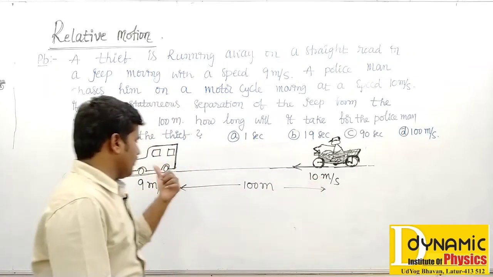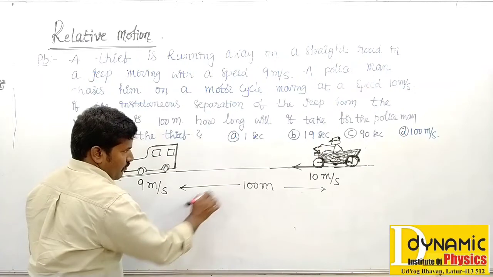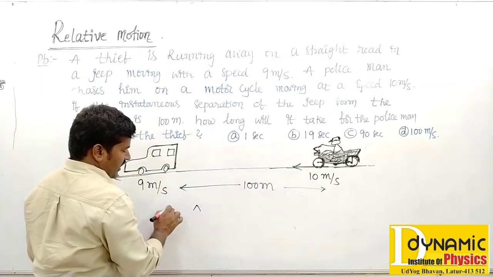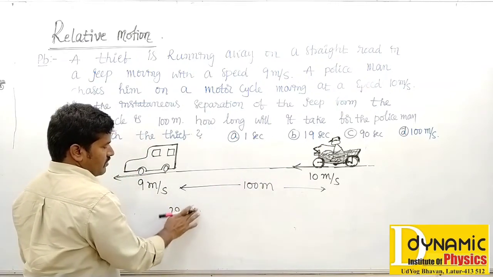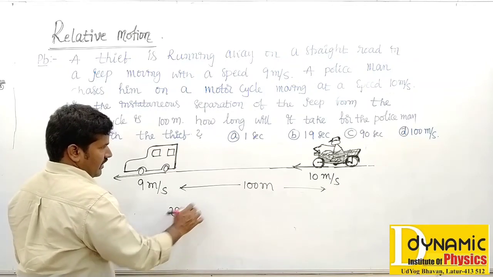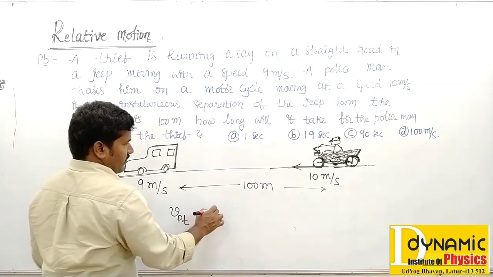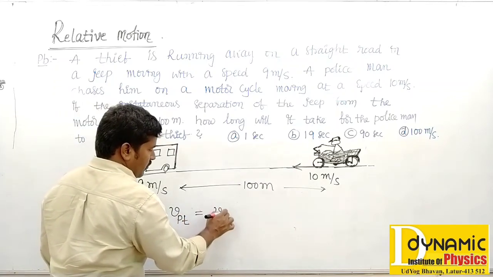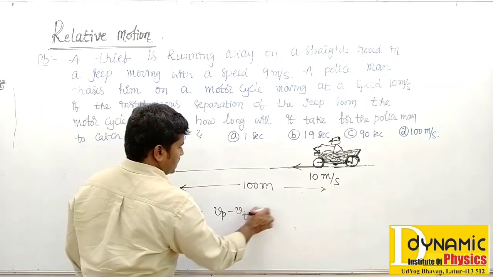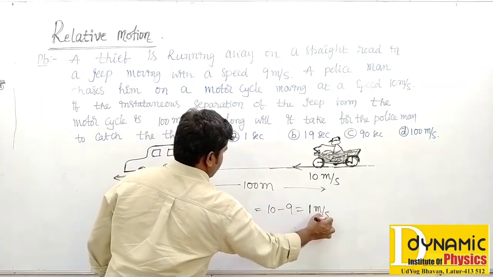To catch this thief, we use relative motion. The velocity of the policeman with respect to the thief is the velocity of the policeman minus the velocity of the thief, it is 10 minus 9, that is 1 meter per second.